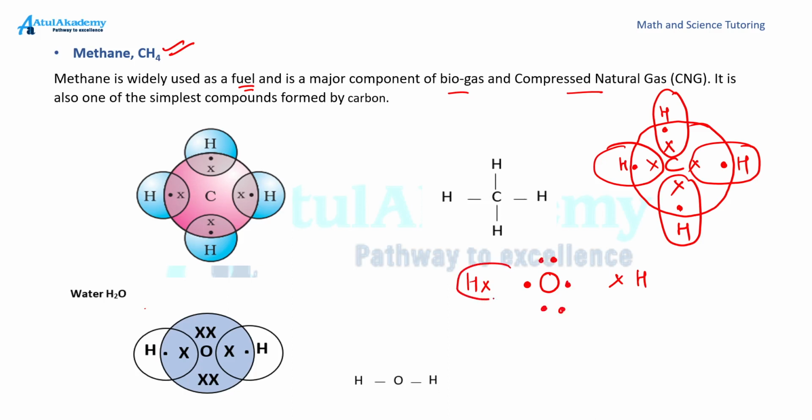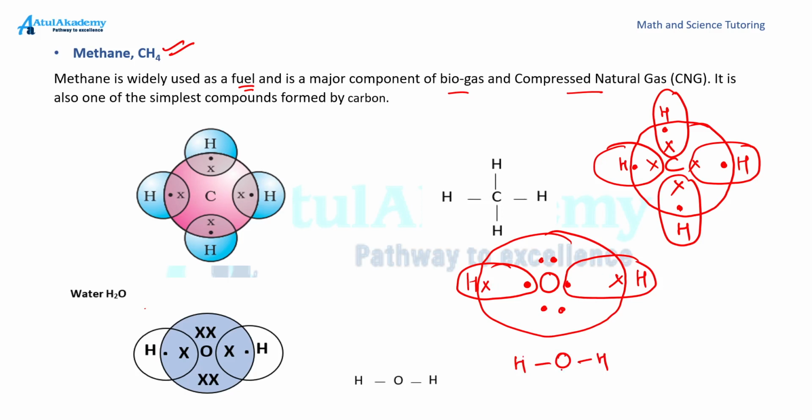Now this hydrogen will take this electron, this hydrogen will take this, and oxygen will take from over here. So I see only one pair of electrons being shared. So oxygen makes single bond with 2 hydrogen atoms. So we have H2O as a covalent compound with only single bond. No double bonds are over there. In methane also you have single bond.